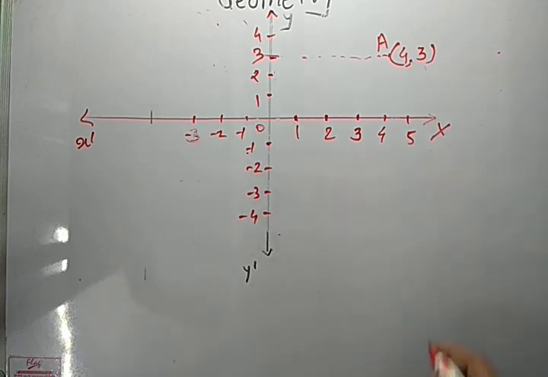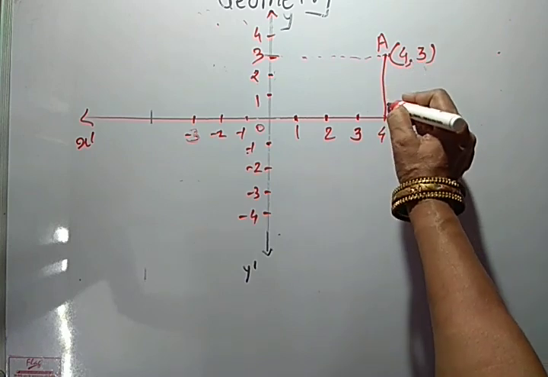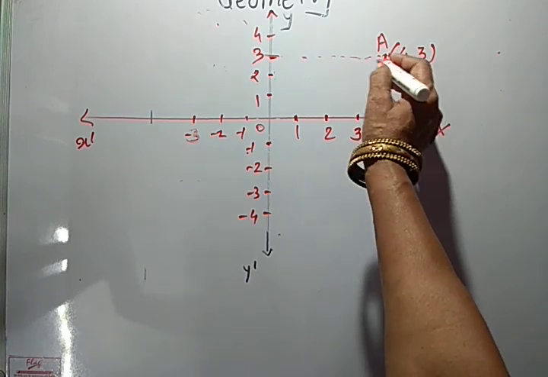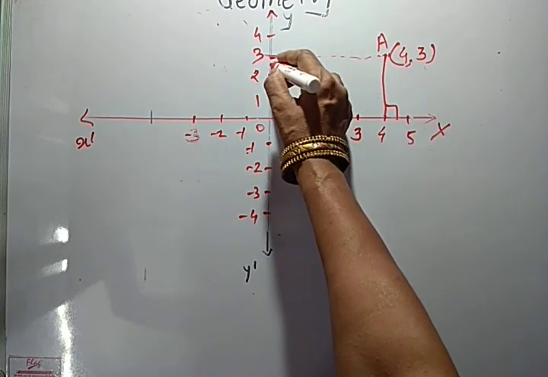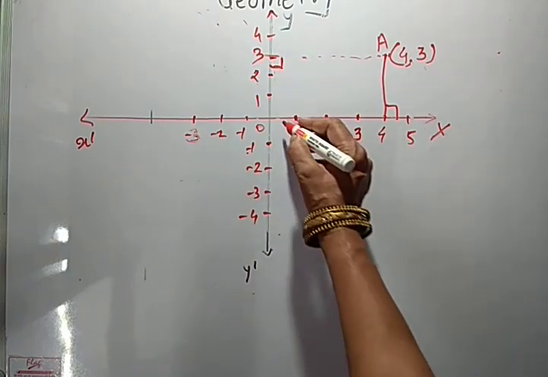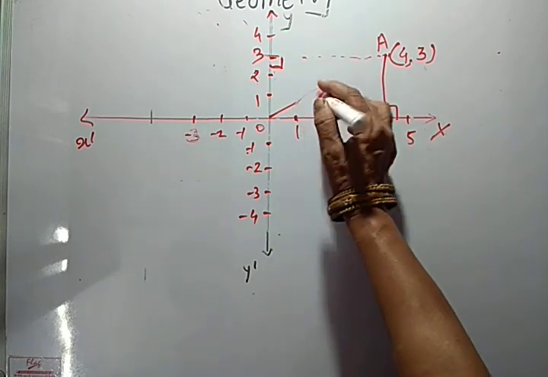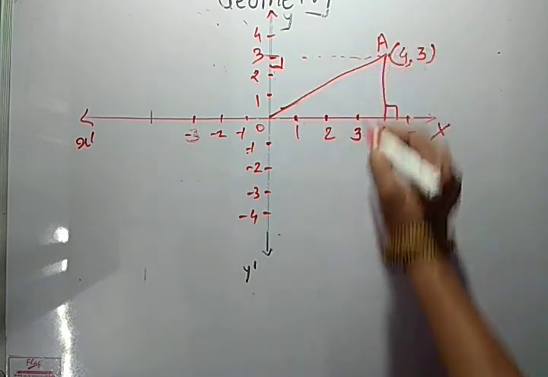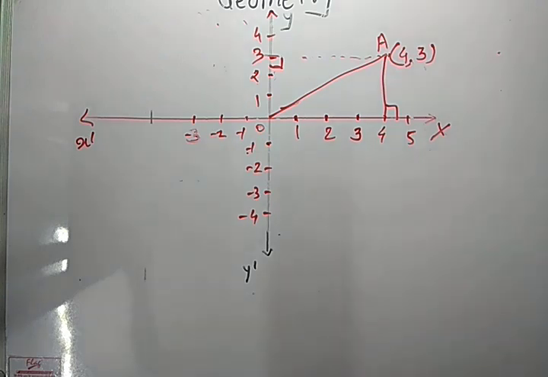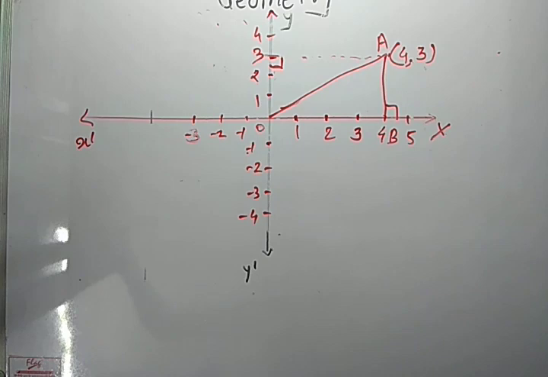How should I find? I draw a perpendicular from point A on the x-axis. I draw a perpendicular from point A on the y-axis. I join this OA. Which type of triangle OAB is? It is a right angle triangle.